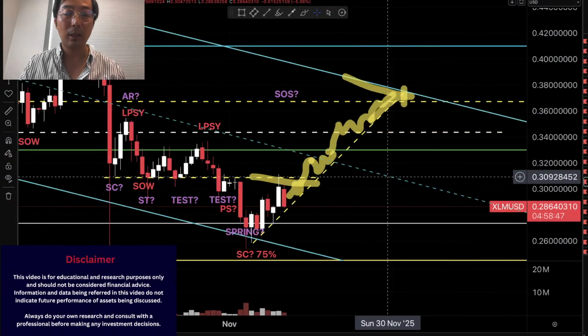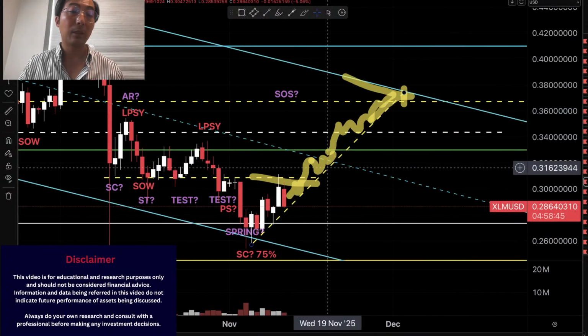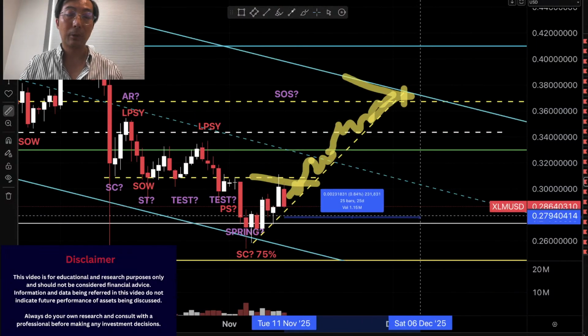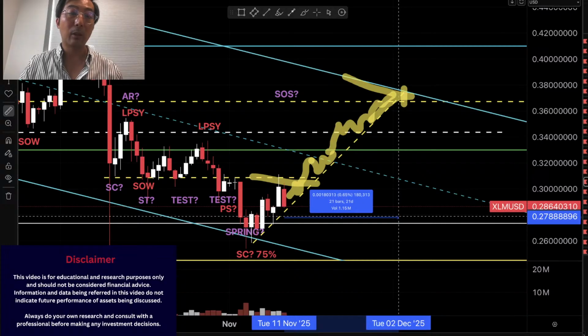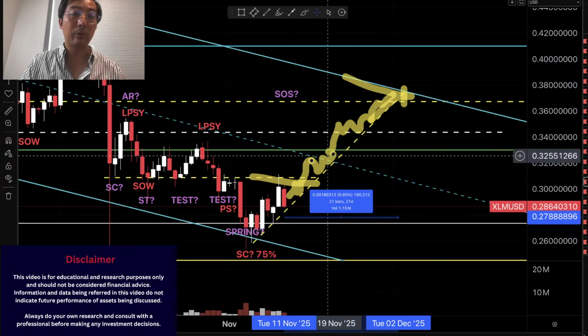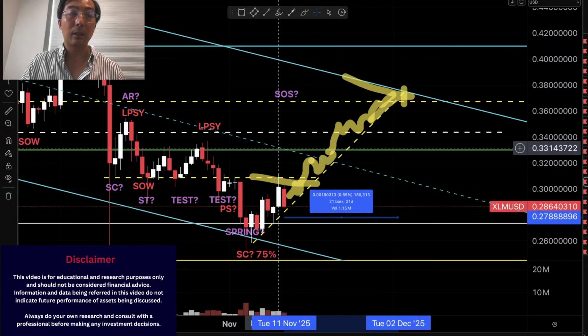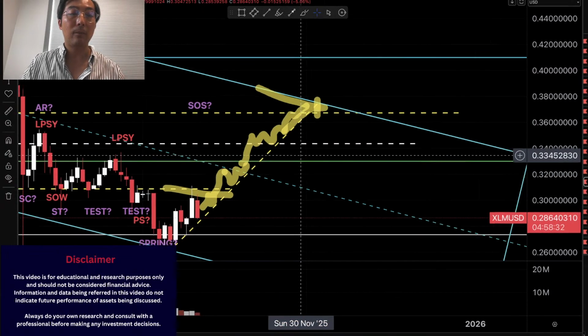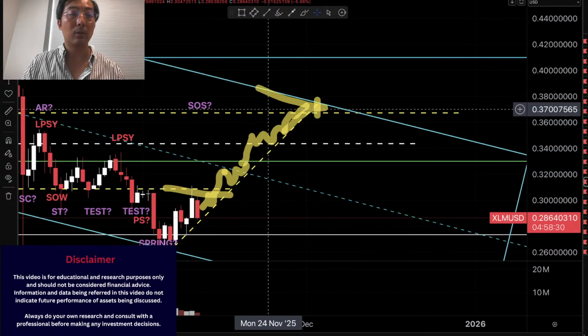This yellow dashed line is very key, because for the next, I don't know how many days over there, around 21 days, if it continues to trade along this uptrend, breaking above these intermediate resistance and the green key level as I mentioned, you see there are multiple resistance over there.